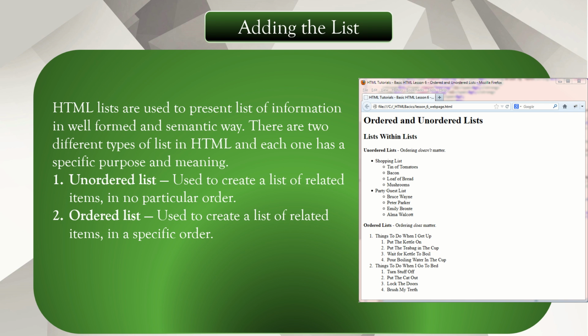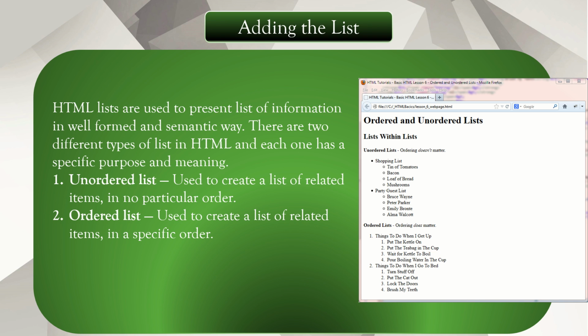HTML provides us 2 types of list: the unordered list and the ordered list. The unordered list is used to create a list of related items in no particular order. It is not arranged in a particular order.